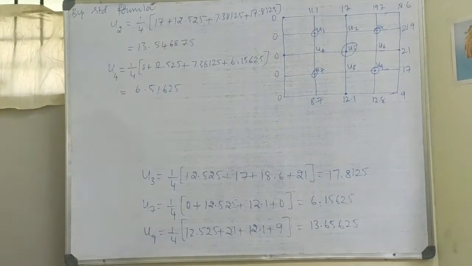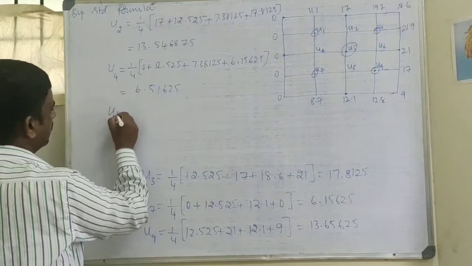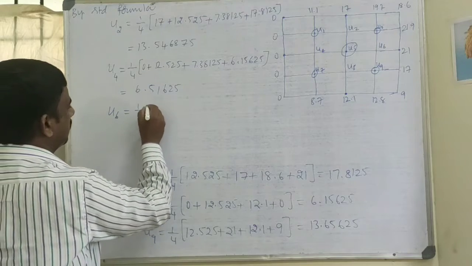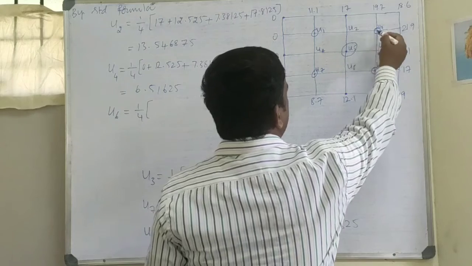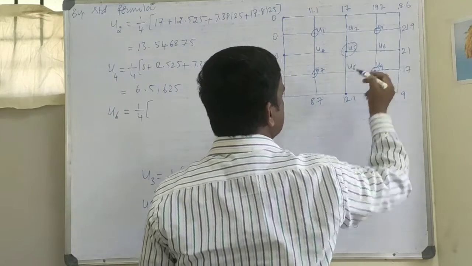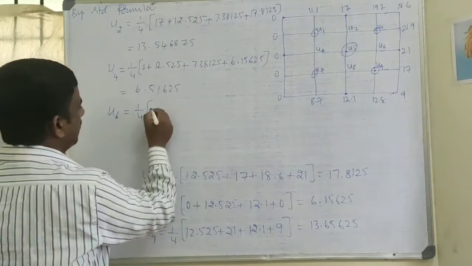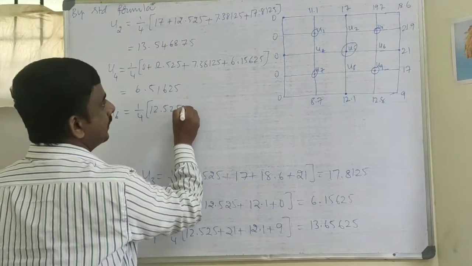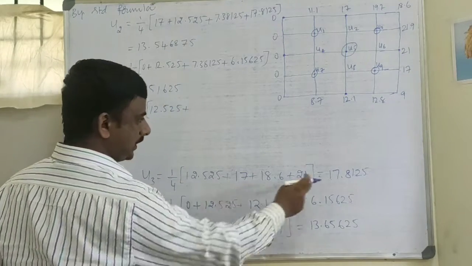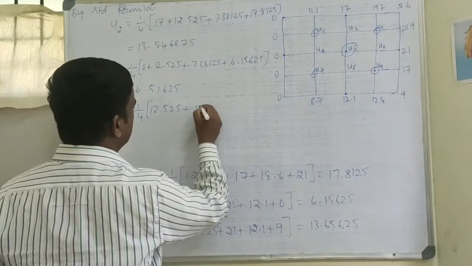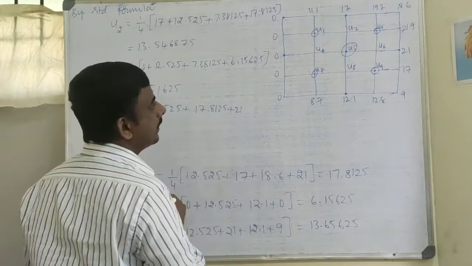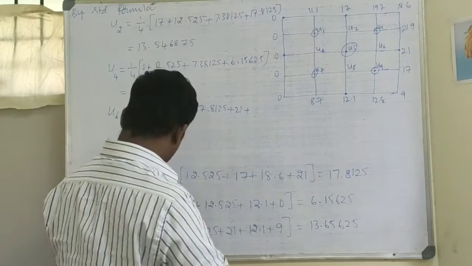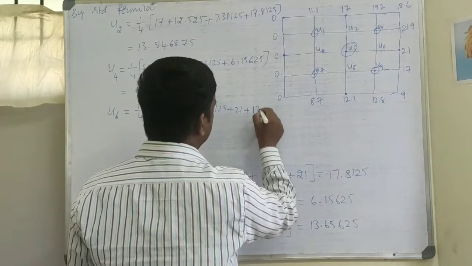Next, similarly, u6 equal to 1 by 4 times u5 plus u3 plus 21 plus u9. u5 12.525 plus u3 we have computed here 17.8125 plus 21 plus u9 13.6565.